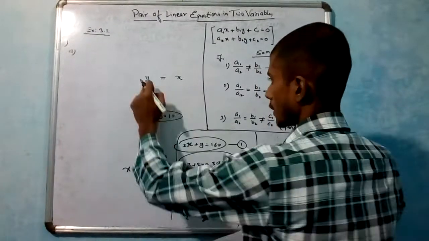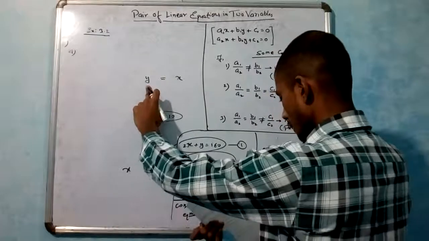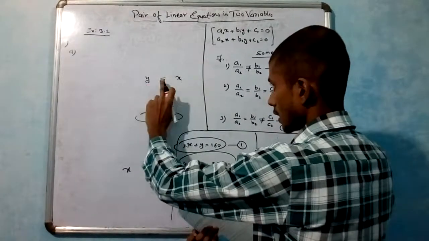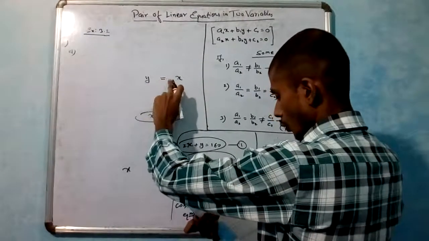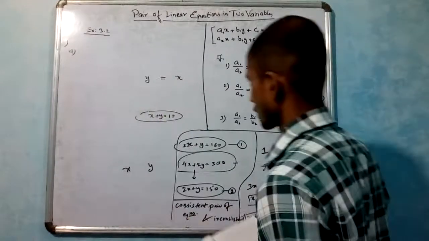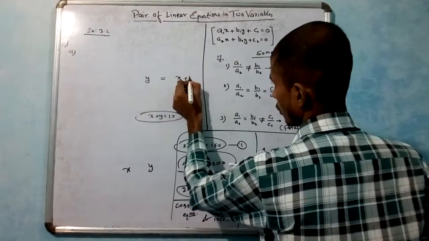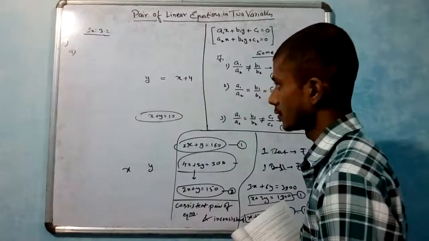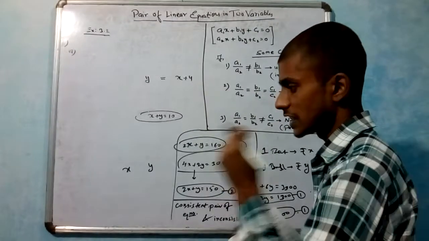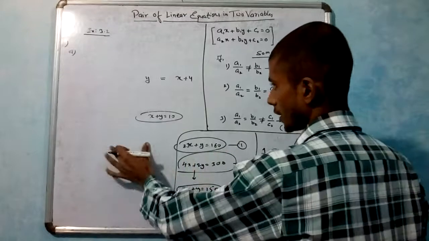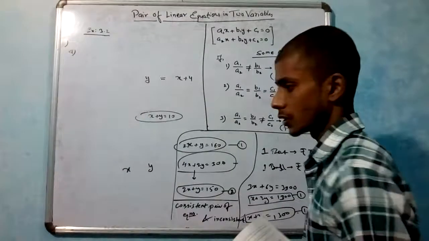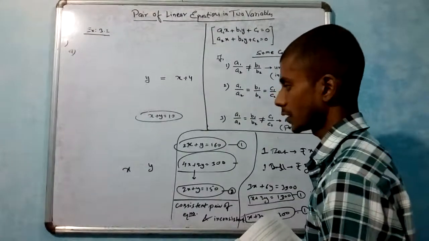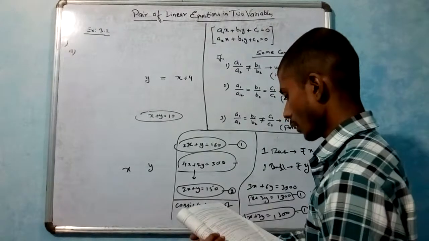If the number of girls, that is y, is 4 more than the number of boys. Understanding how to easily convert a statement into an algebraic equation? What did I do?